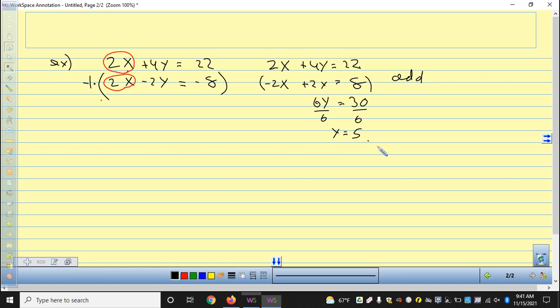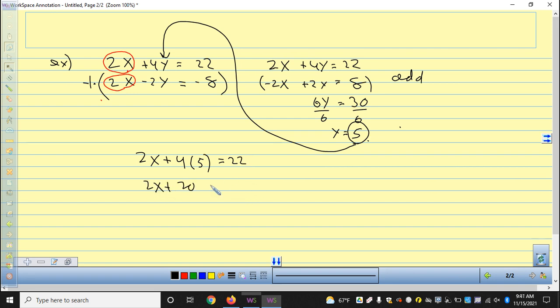And now I can substitute y equals 5 into either of the original equations. So I get 2x plus 4 times 5 equals 22. 2x plus 20 equals 22.